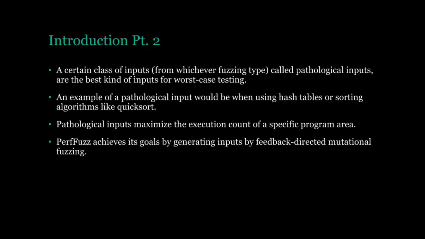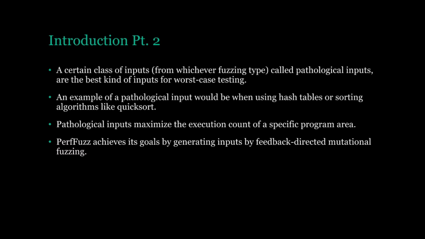And the reason why is simple. They actually do give the worst case tests, and they also do it in different parts of the program, not just on one specific traveled route that always happens to make a big problem. An example of a pathological input would be when using hash tables or sorting algorithms like quicksort.